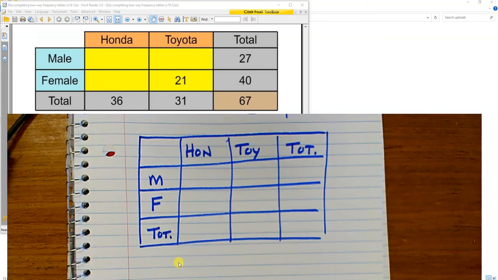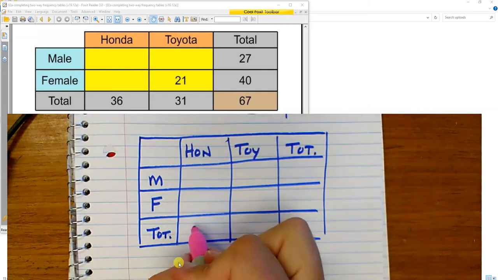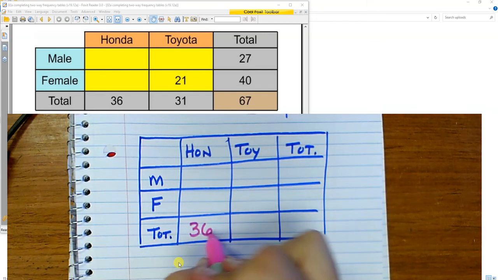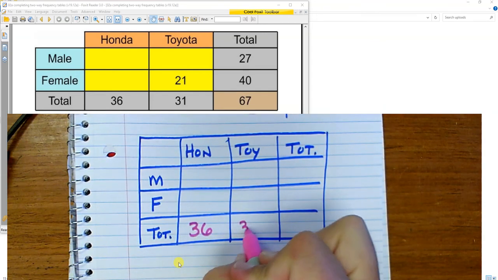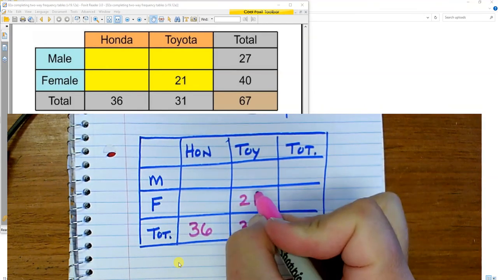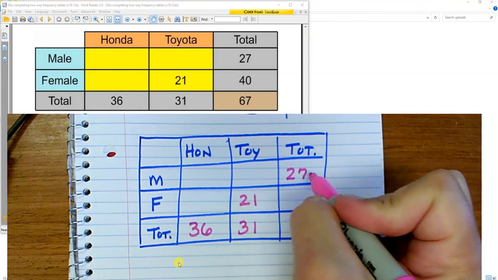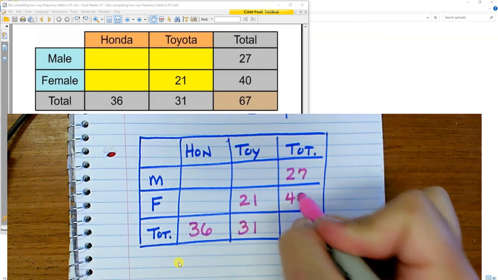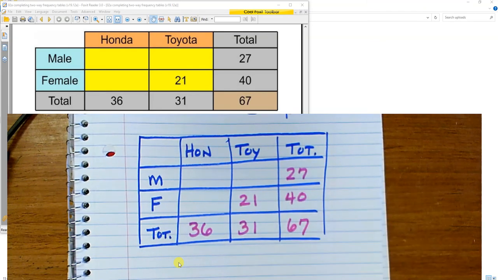And I've been given some numbers. I've been given the 36, the 31, the 21, a 27, a 40, and a 67. I need to fill in the missing numbers.